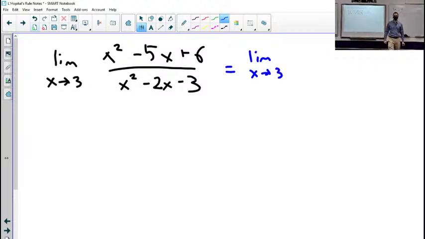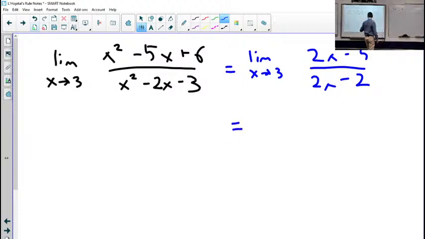This time, we're going to take the derivative of the top and the derivative of the bottom. The derivative of x squared minus 5x plus 6 is 2x minus 5. The derivative of x squared minus 2x minus 3 is 2x minus 2. So I took the derivative of the top, and I took the derivative of the bottom.